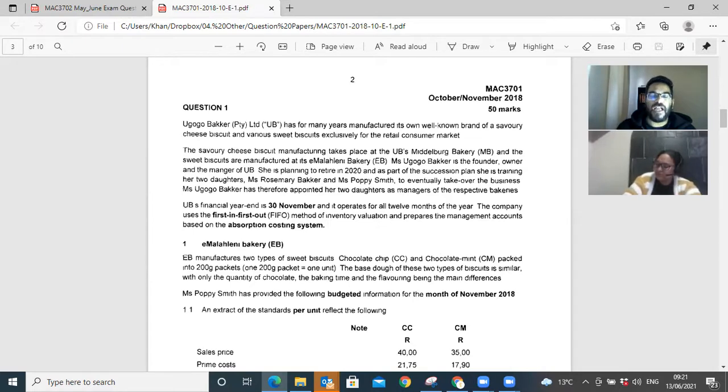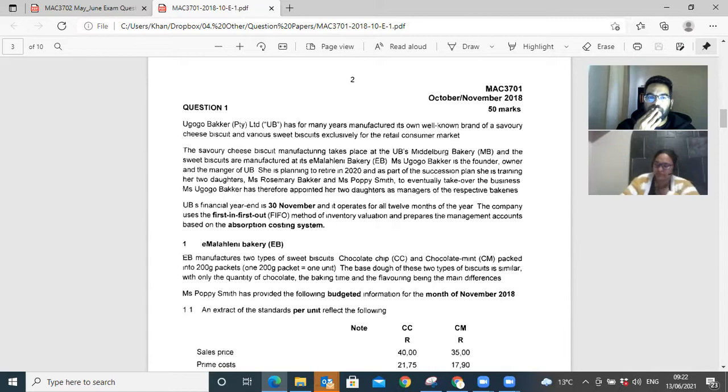Remember, in general, a cost of a product is made up of 3 things: direct material, direct labor, and manufacturing overheads. Manufacturing overheads is split into 2, variable and fixed.